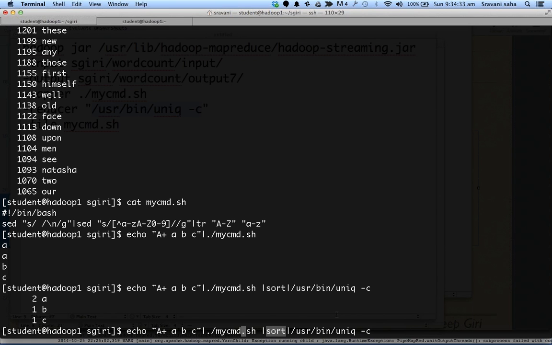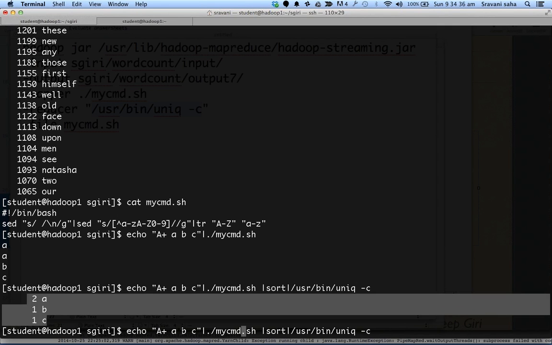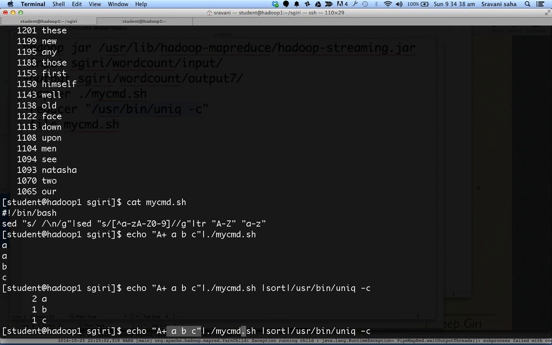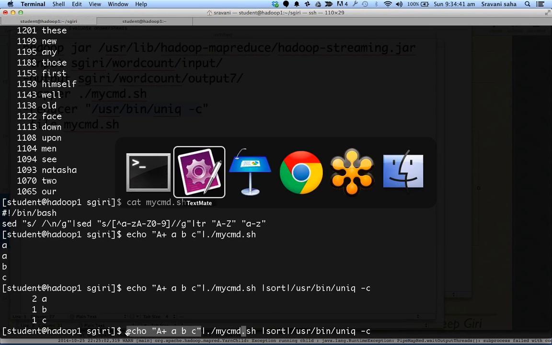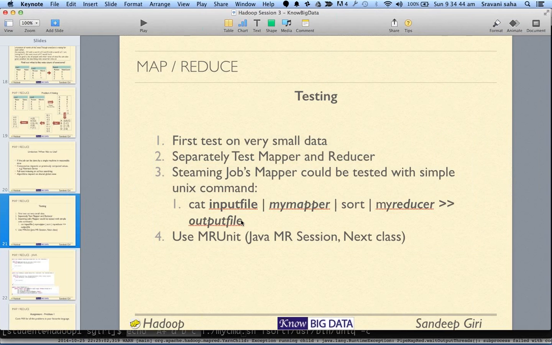And it gave me the word count results immediately. So testing streaming jobs is fairly simple: whatever input file you want as a sample, you just pipe that data to your mapper, sort the results, and give it to the reducer, and save it in the output file. That's fairly straightforward.